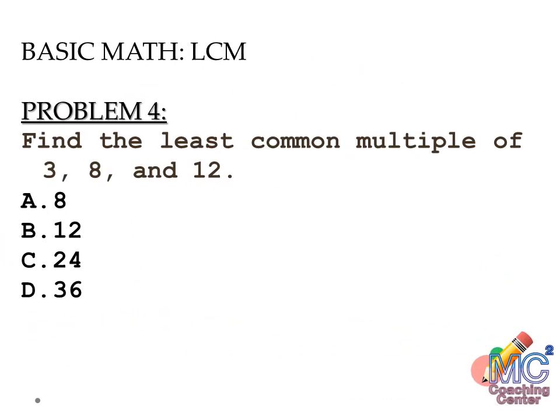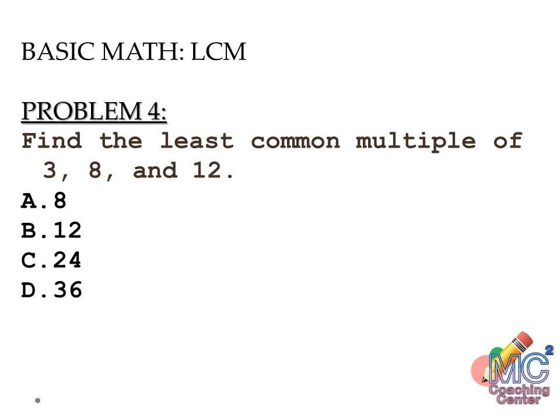Find the least common multiple of 3, 8, and 12. So, kanina, 2 numbers lang, ngayon 3 numbers na kukunin natin na least common multiple. But, again, kung gagamitan natin same method sa problem number 3, ganun pa rin po class. Kunin mo yung multiples of 3, kunin mo yung multiples of 8, kunin mo yung multiples of 12.